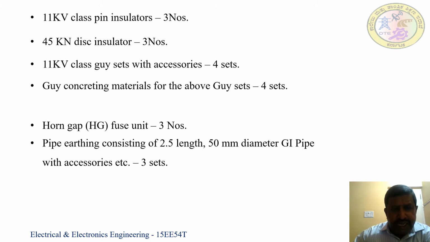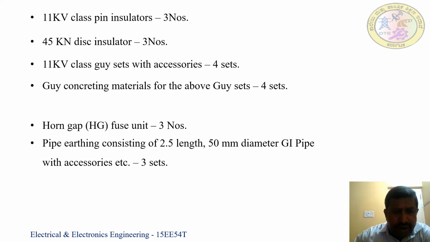Next, the guy concreting materials for the above guy sets. So the quantity is 4 sets. Next, horn gap fuse unit. So that is 3 numbers, 1 number for each phase.